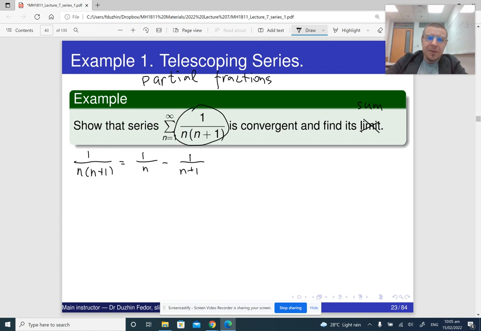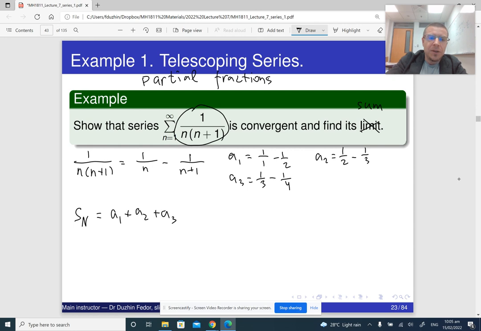Okay. So now it means that a few first terms of our series are a1 is 1 over 1 minus 1 over 2. A2 is 1 over 2 minus 1 over 3. A3 is 1 over 3 minus 1 over 4, and so on, right? And what is the partial sum of my series? So Sn is A1 plus A2 plus A3, and so on.